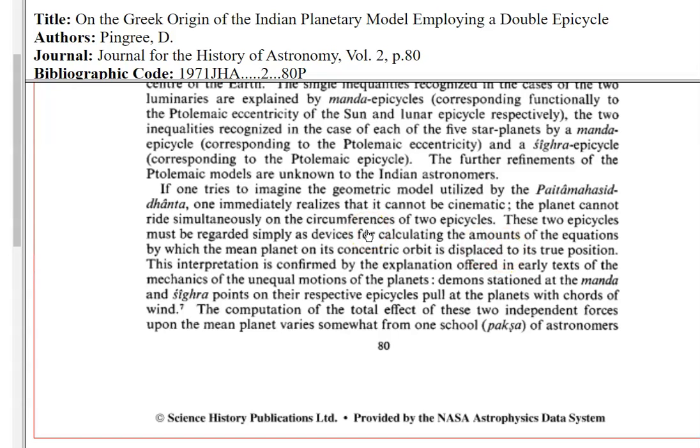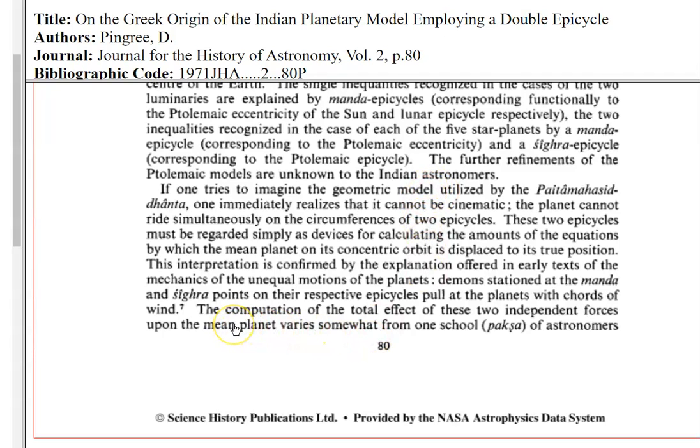The mean planetary motion is the motion that it would take over a year, and they would divide it into a uniform motion per day, and that would be a mean planetary motion. But the planets don't move that way. Planets move haphazardly, and there's a true motion. So the difference between the mean motion and the true motion has to be calculated using the double epicycle method.